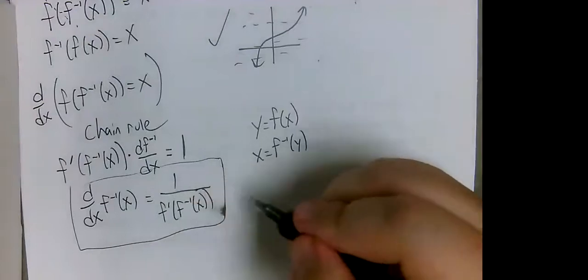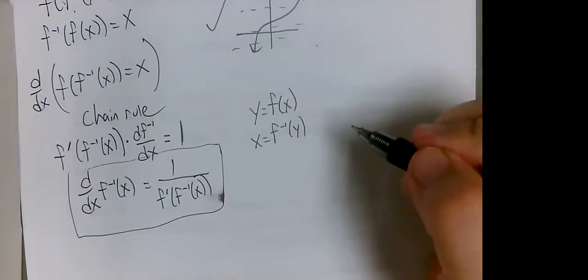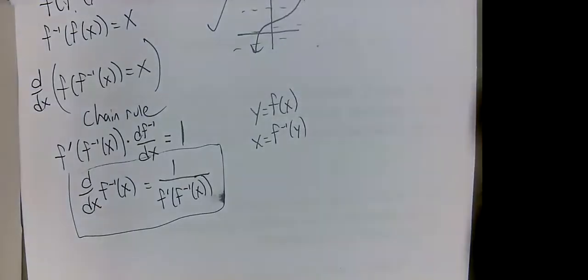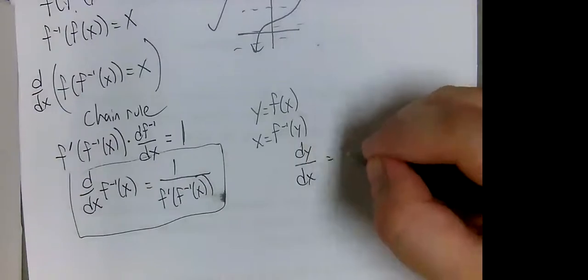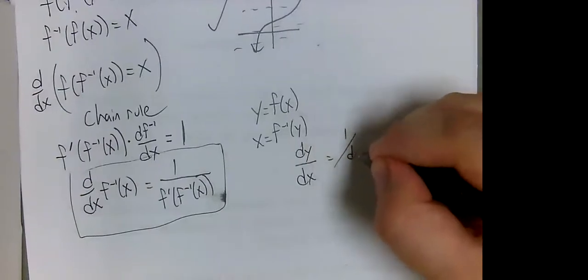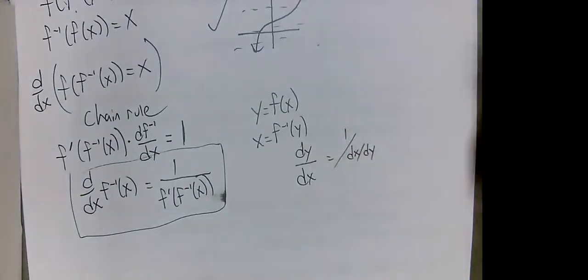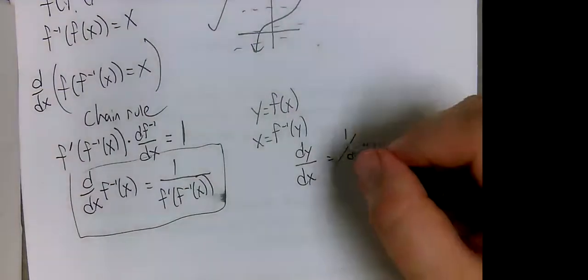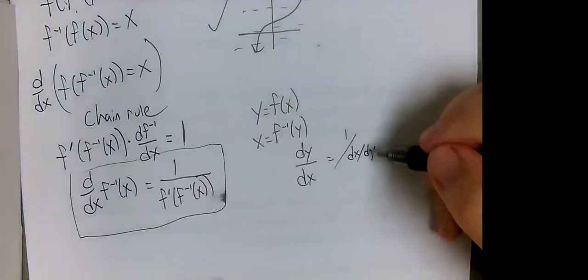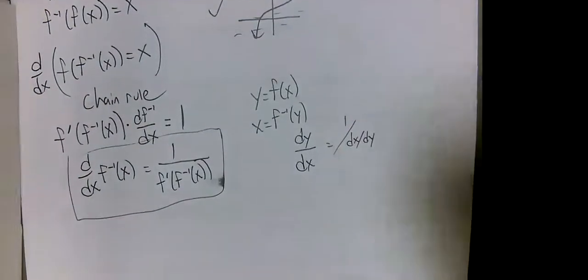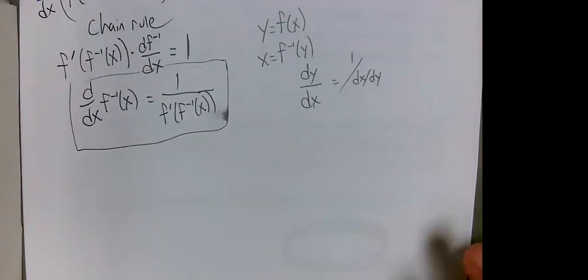If we write this in terms of the Leibniz notation, we have that dy dx is 1 over dx dy right here. So this is saying the same thing in Leibniz notation, and you can see why this is true. If we were to take the reciprocal of this, we would have dy over dx. That's another perspective to have here.